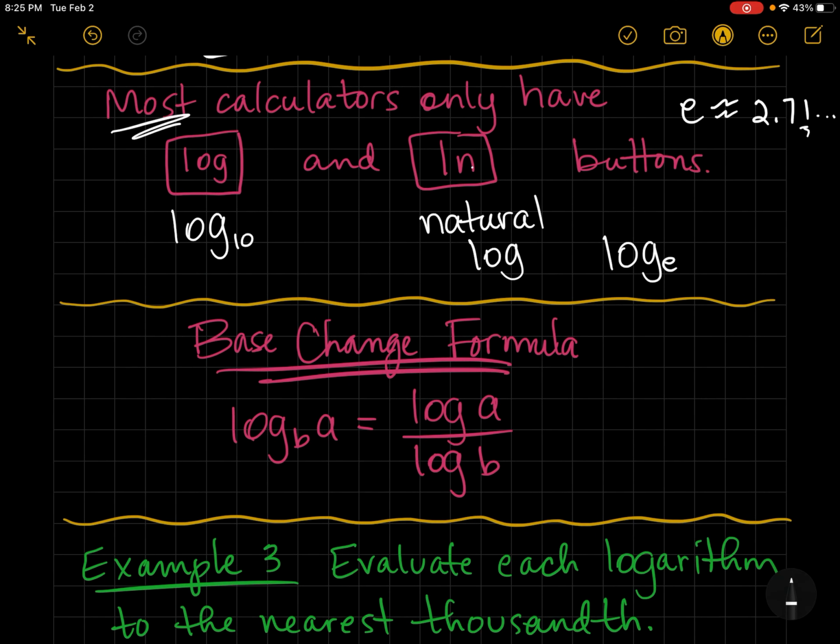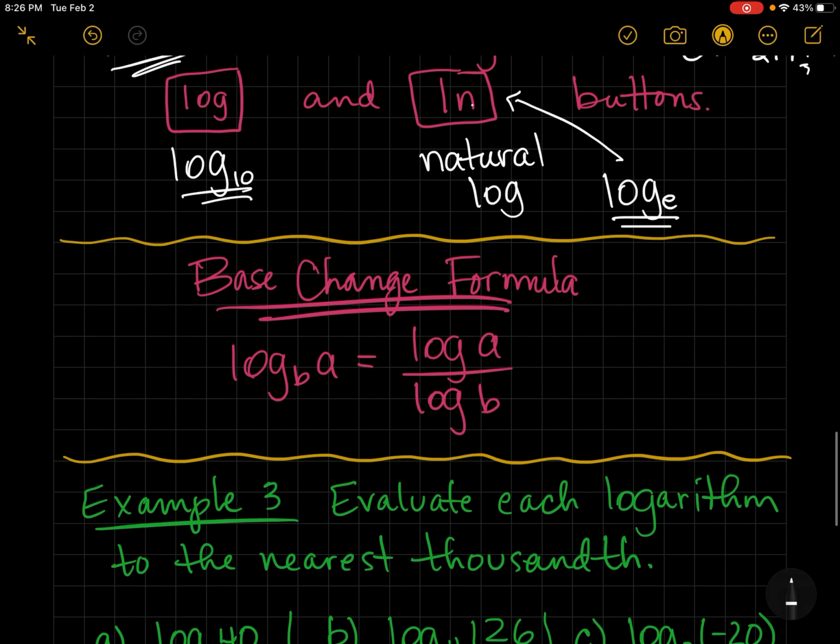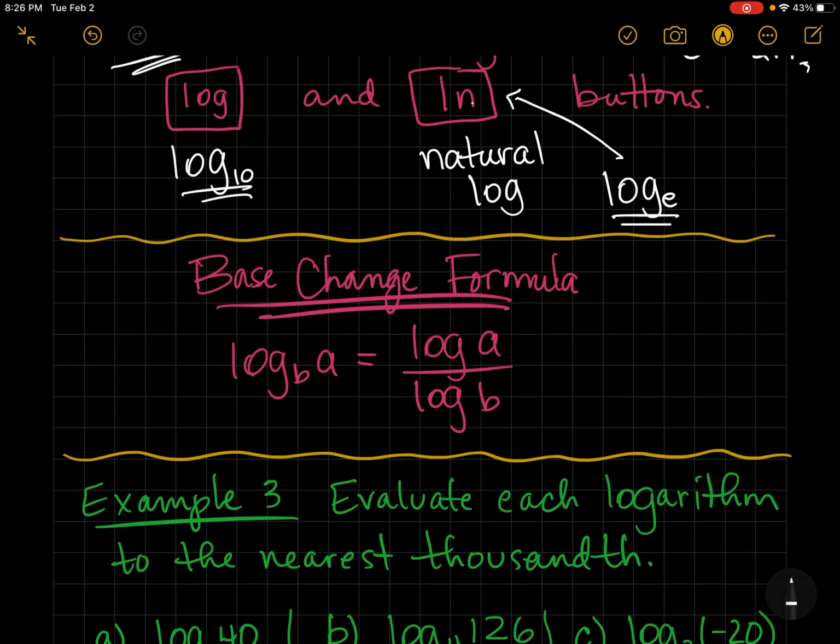Because our calculators only have base 10 and base E, which is the natural log, we have to be able to change the base to whatever we want it to be. I'm going to show you exactly what I mean. If you have log base B of A, you can rewrite it so that both can be whatever base you want. We usually change it to base 10, or you could change them both to the natural log.